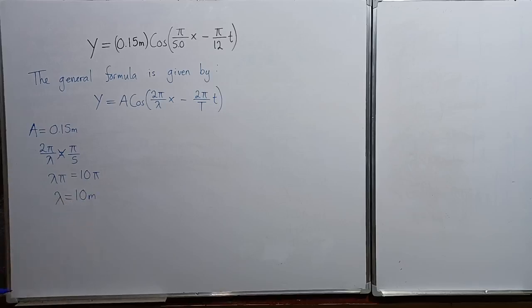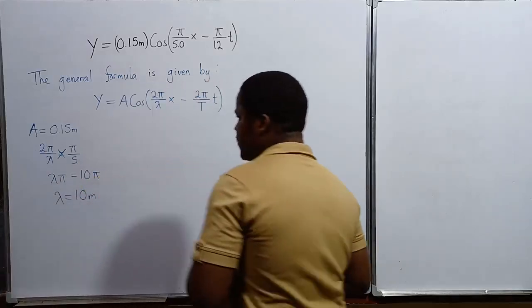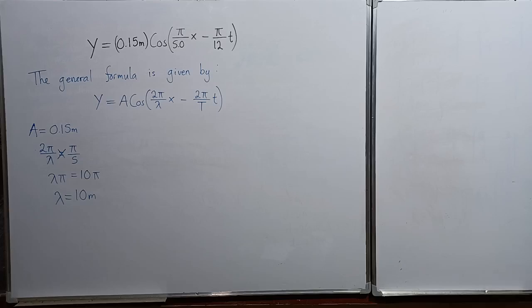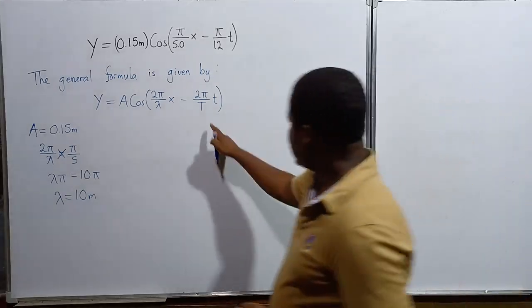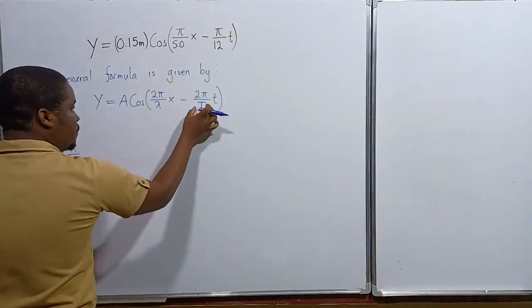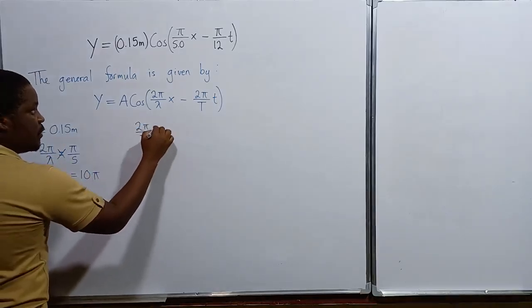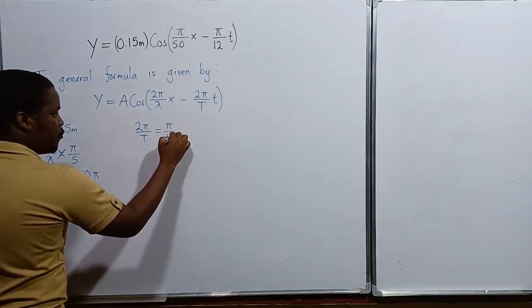Remember, lambda is a length, so it's measured in meters. What's next? Period. So period is T, and we get the coefficient for t again. To find the period, we say 2 pi over T is equal to pi over 12.